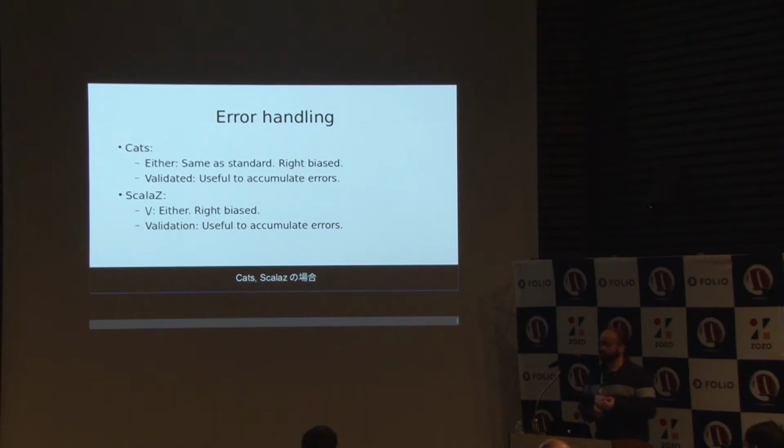And then you have Validated and Validation that are useful to accumulate errors. So if you're trying to run different computations, what you can do is run them independently and then get back together all of the results. And if you have more than one error, you can get them with Validated. So let's see how we can fix our first implementation.